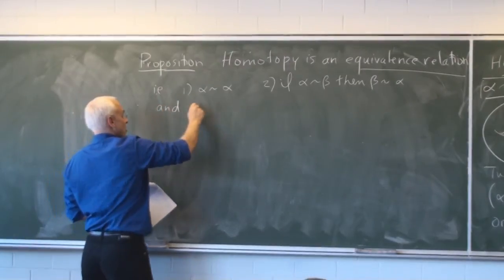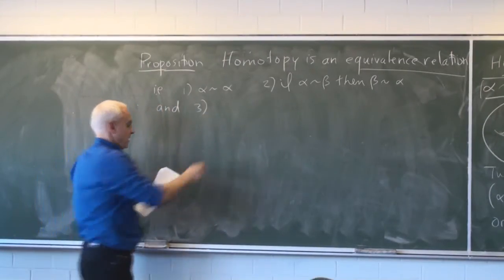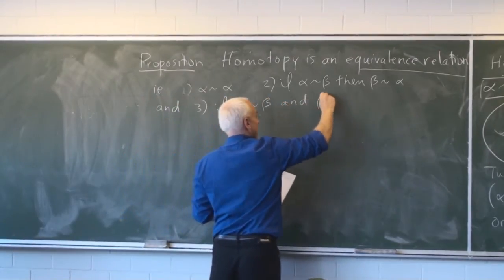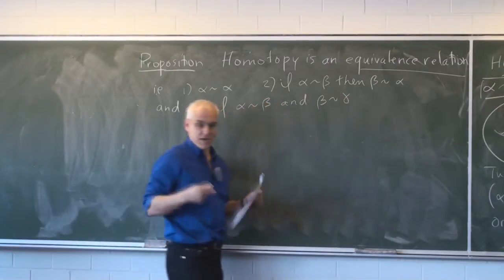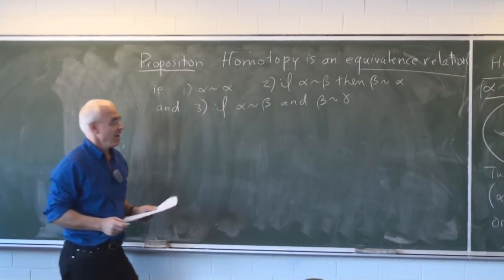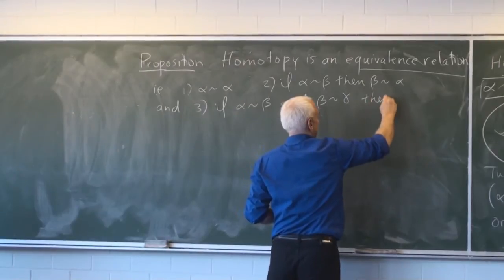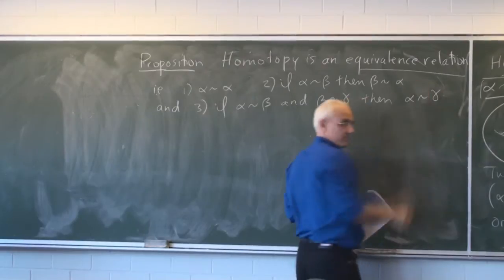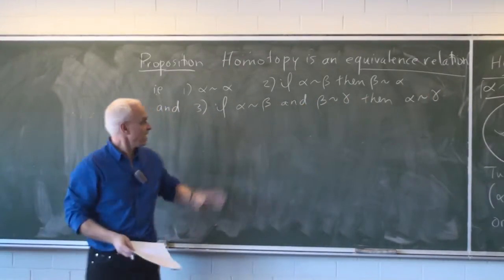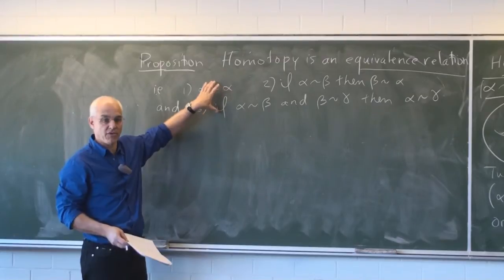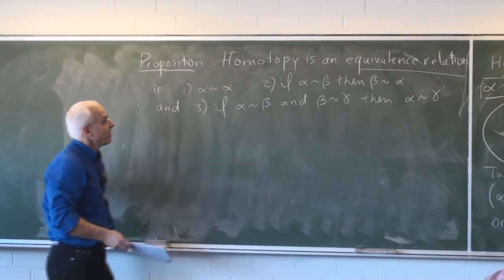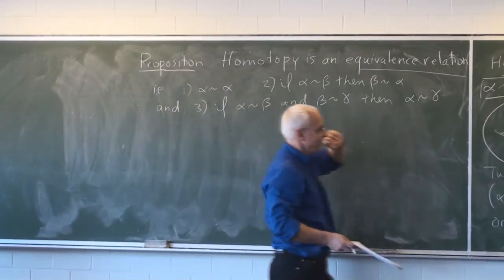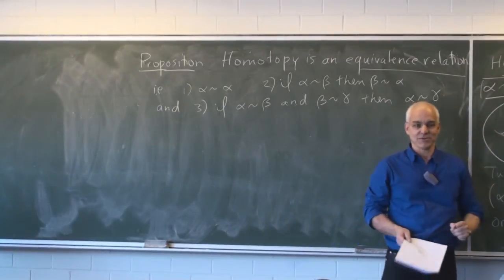And the third condition for an equivalence relation is that if alpha is homotopic to beta and beta is homotopic to gamma, we have three curves, then there's a transitivity: alpha is homotopic to gamma. So you can take that to be the definition of what we mean by an equivalence relation. Those three properties are exactly the properties of an equivalence relation. We want to show that this notion of homotopy satisfies those.